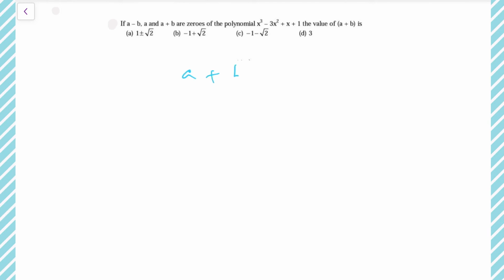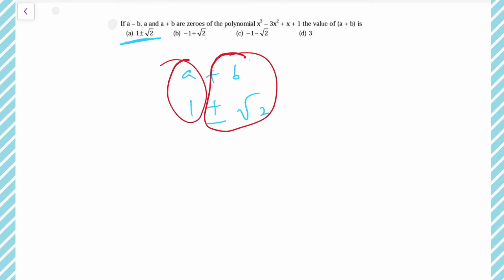A plus b is asking, right? First one if we take, that is in the form of 1 plus or minus root 2. So it means a value is 1 and b value is plus or minus root 2. So 1 is one 0 and plus or minus root 2 is another 0.